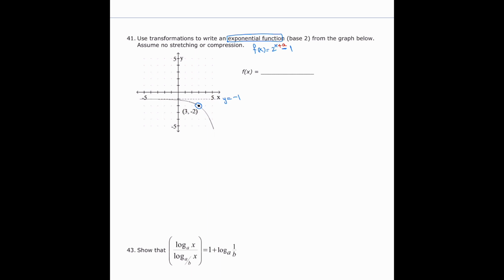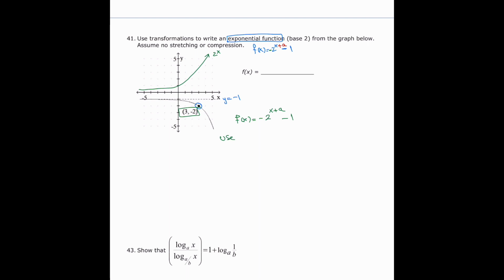Also notice how the parent function of 2 to the x power is the green one here, which means we had a reflection across the x-axis, which means there is a negative in here. So in general, the function is going to look like -2 to the x plus some a that I will find, minus 1.